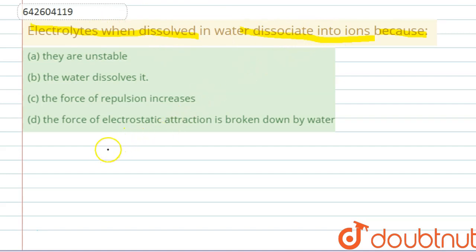Now what are electrolytes? Electrolytes are basically the compound having the ionic bond.